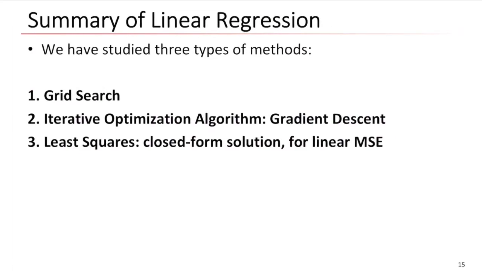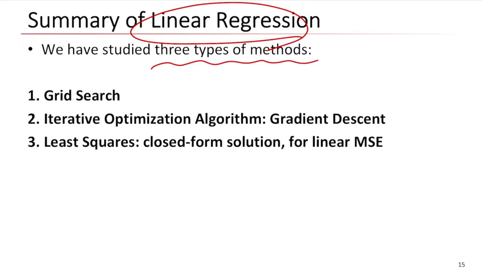Okay, let's summarize linear regression. We studied three types of methods to solve linear regression. The first one is grid search, the second one is an iterative optimization algorithm such as gradient descent, and the third one is least square, a closed form solution for the MSE problem.